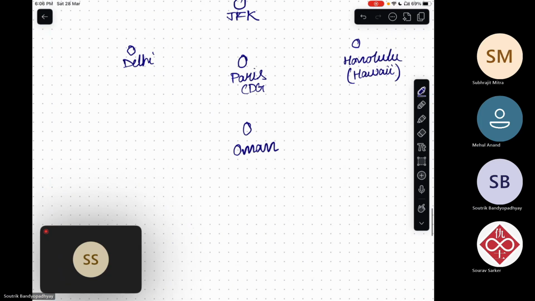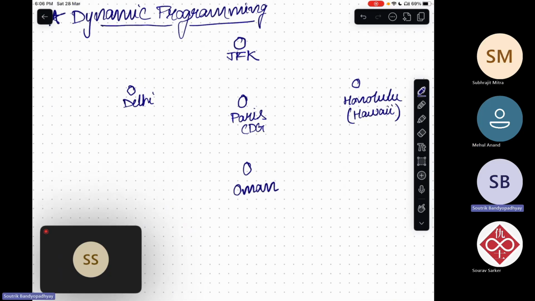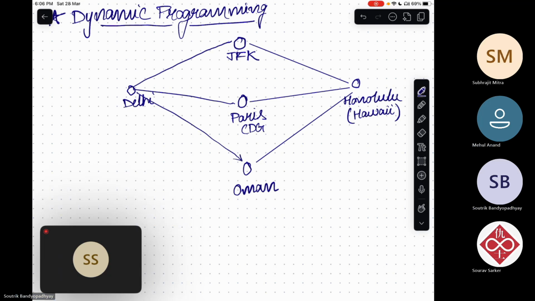And all of these, JFK to Honolulu, Paris to Honolulu, and Oman to Honolulu, exist. Suppose this is the possibility space, and there is Delhi to JFK, Delhi to Paris, and Delhi to Oman.